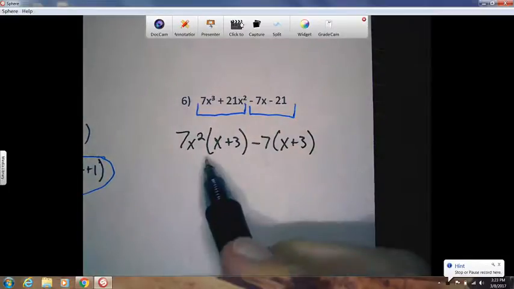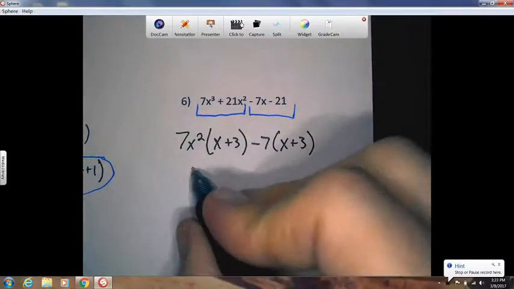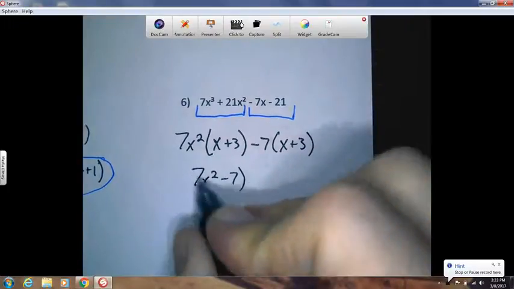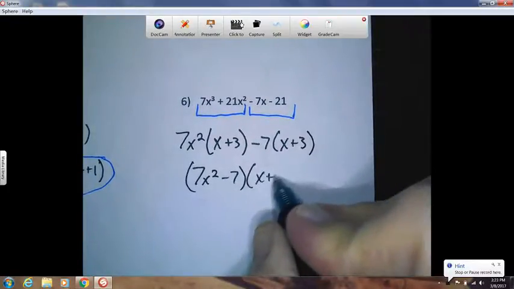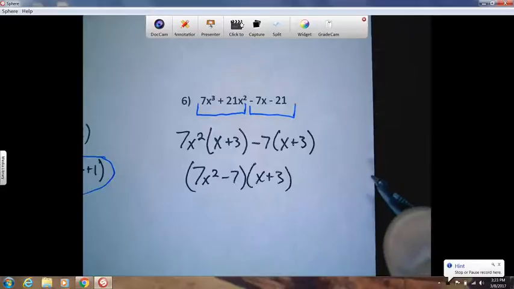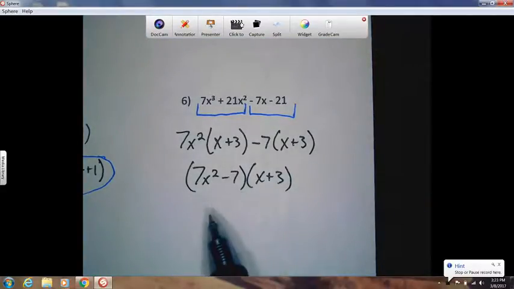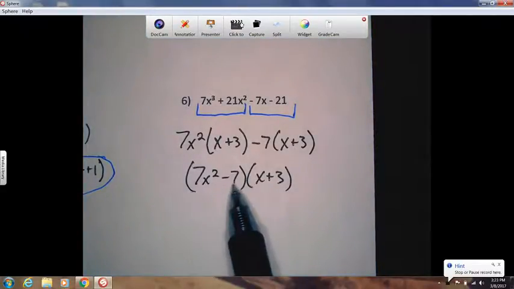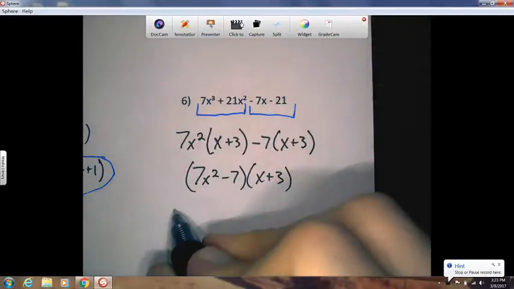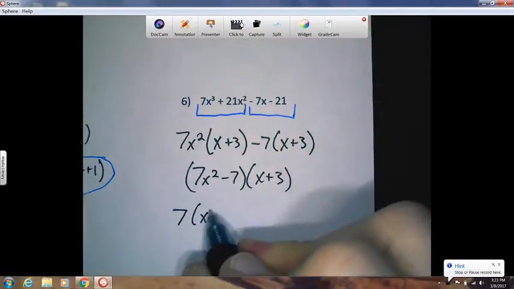So hopefully that's review. But I'm looking at this, and I haven't completely factored it because in here, both of these numbers can be divided by 7. So I need to change that to 7, x squared minus 1, x plus 3. So I took this set of parentheses and I moved a 7 out.